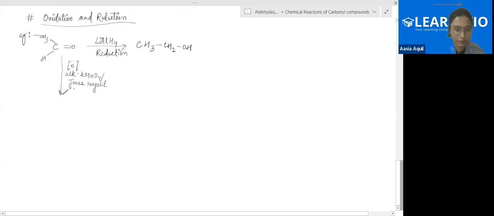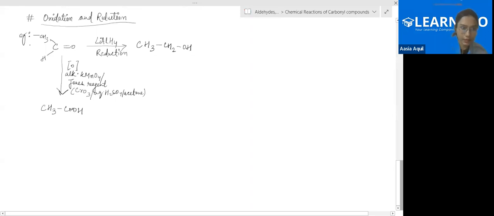The Jones reagent was CrO3 in presence of aqueous H2SO4 and acetone. What are we going to get? So on oxidation, the aldehyde will convert into carboxylic acid.